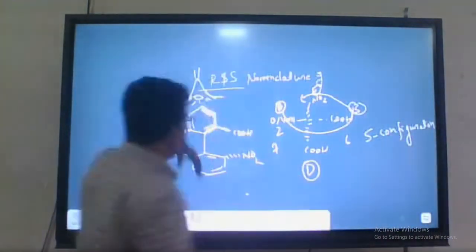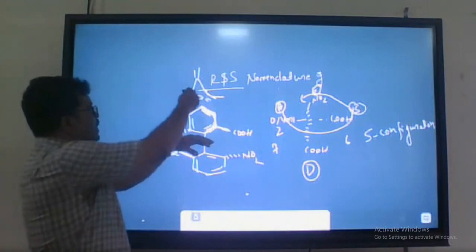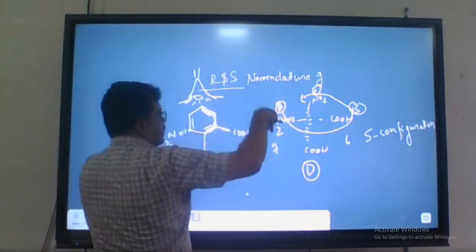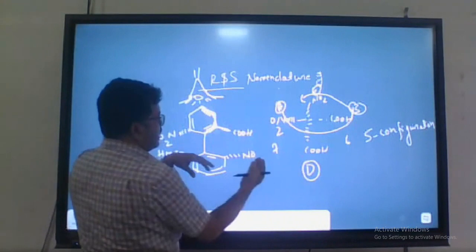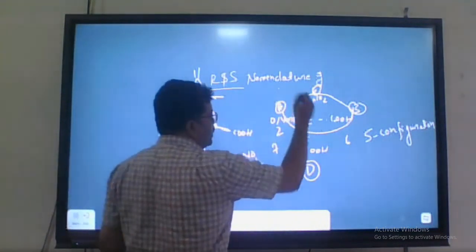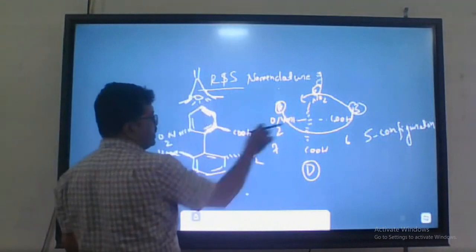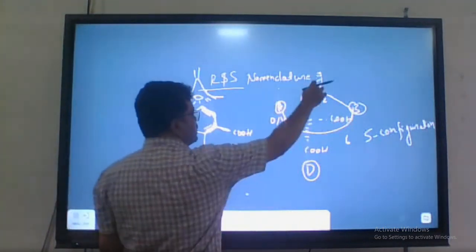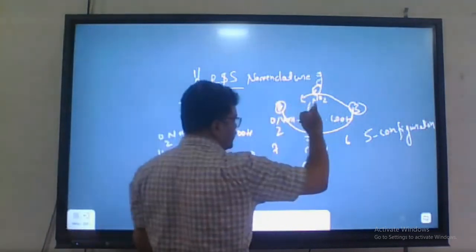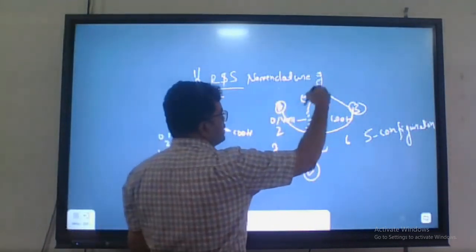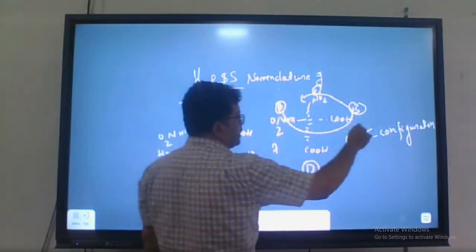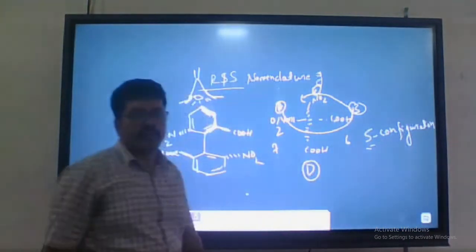So look at the biphenyl. Looking like this, NO2 appears on the right side from that direction, and this becomes the left side. The remaining COH is above. Then A, B, next is C, this is B, then the pairs according to decreasing priority. So A, B, C is an anti-clockwise direction, that is S configuration.